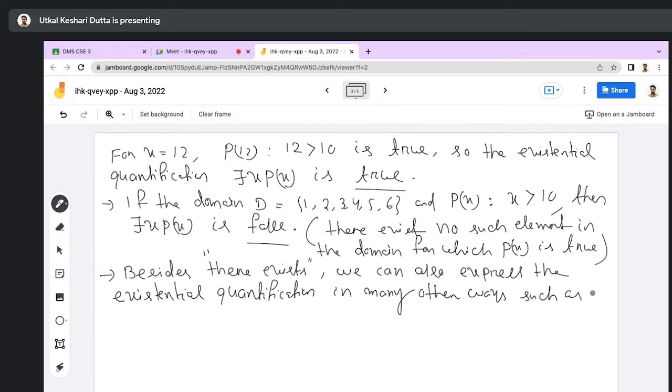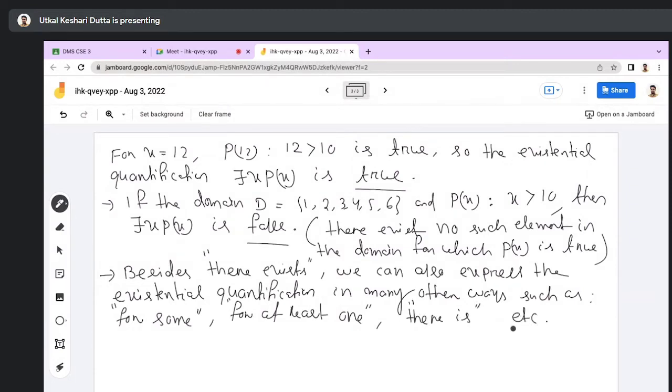such as you can use for some. There exists means there exists at least one. At least one, that means for some. You can also say for at least one, that is the same meaning as there exists. You can use there is.